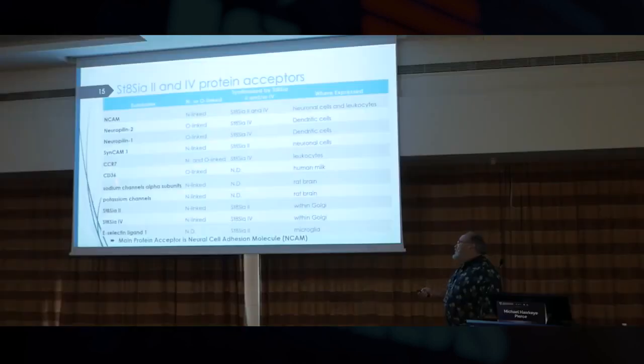So this is a first example of using a reagent, in this case an antibody against polysialic acid, to get at the proteins that express it. And this is one of those things: the harder we start looking, the more proteins we find that actually express polysialic acid. So it's an interesting collection of proteins.